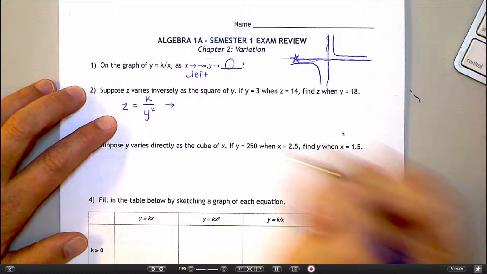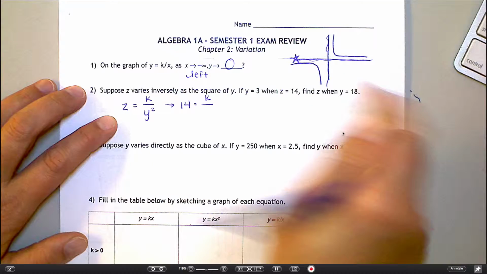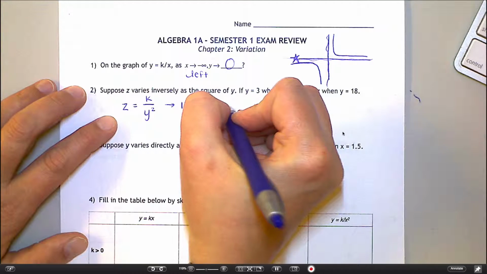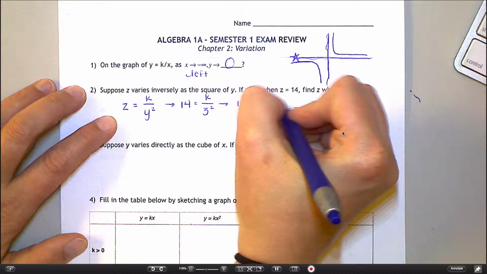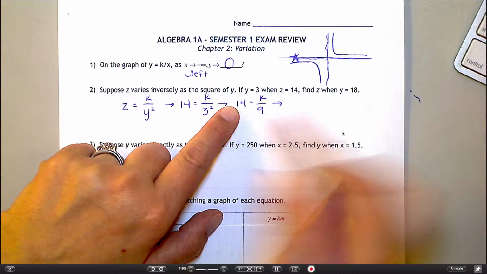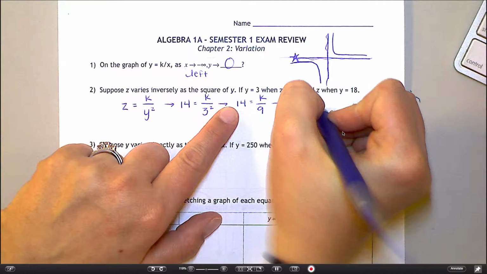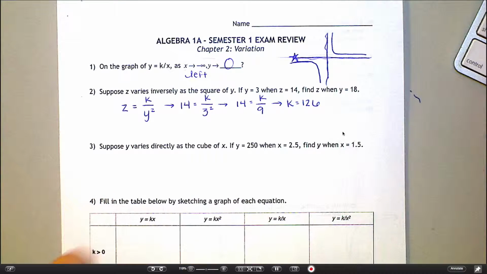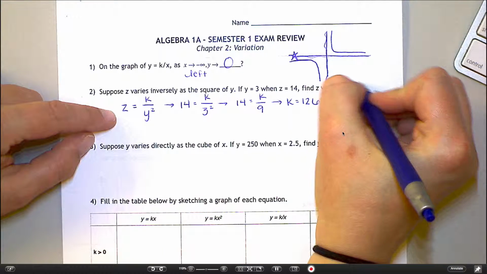So I'm going to say 14 equals k over 3 squared, which is really 14 equals k over 9, which means I would multiply by 9 on both sides, and that's going to be 126. So I start with a general equation, I find my k value, and now I'm going to go back to my general equation, plug in my k value, and plug in this y equals 18.